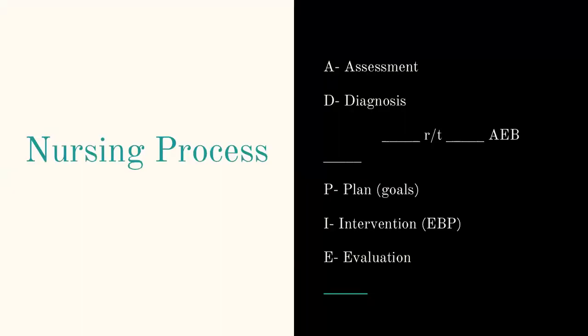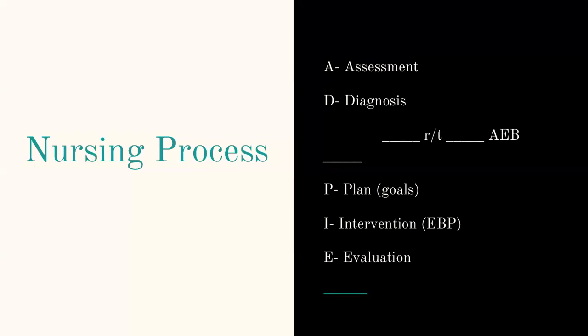So, when we talk about the nursing process, it's the same as with any other healthcare field. We have our assessment, our diagnosis, our plan, our intervention, and our evaluation. We're going to break down what we do for an assessment. The diagnosis is always going to be our nursing diagnosis related to, and that could be their medical diagnosis or whatever conditions are happening, and then as evidenced by, and the symptoms that support that nursing diagnosis.